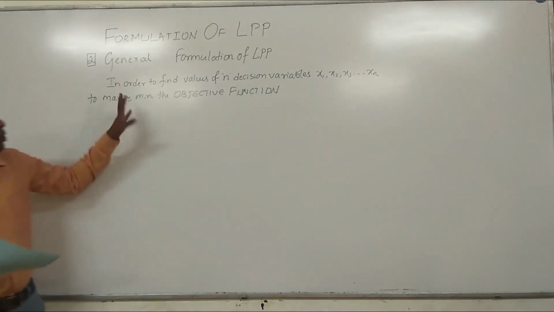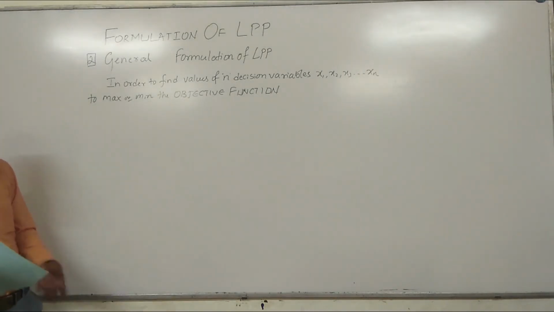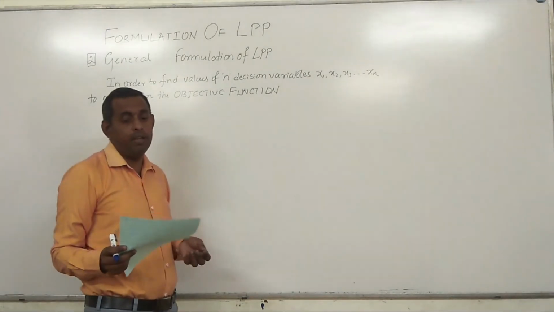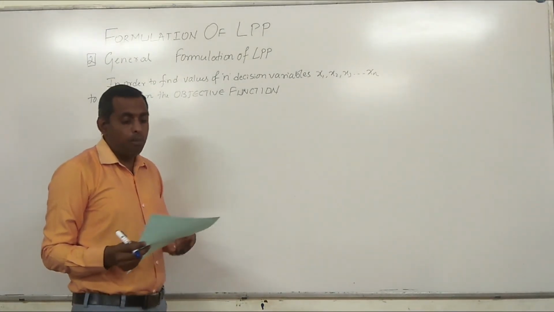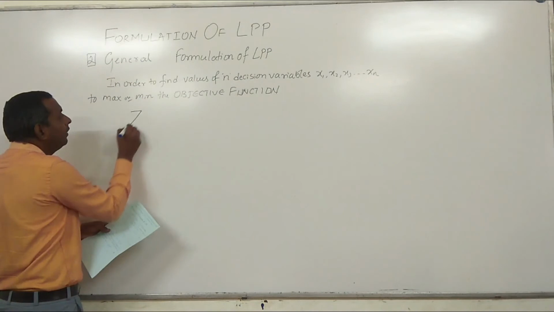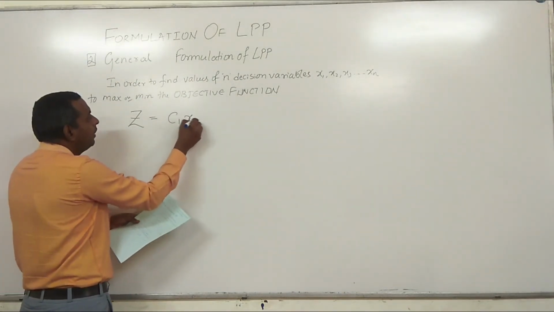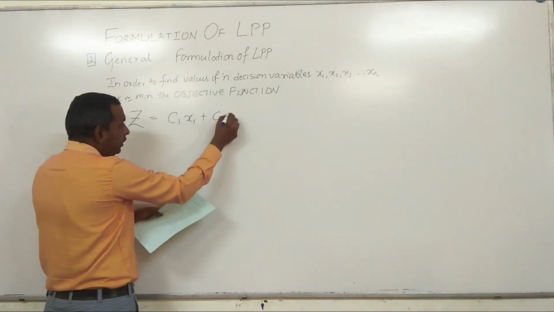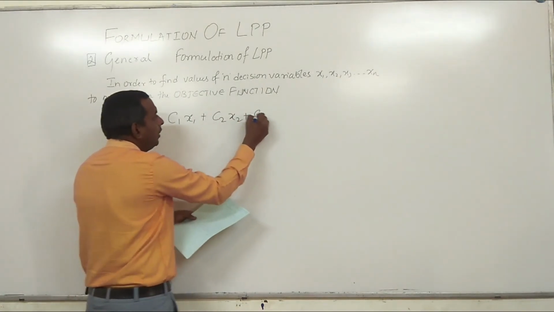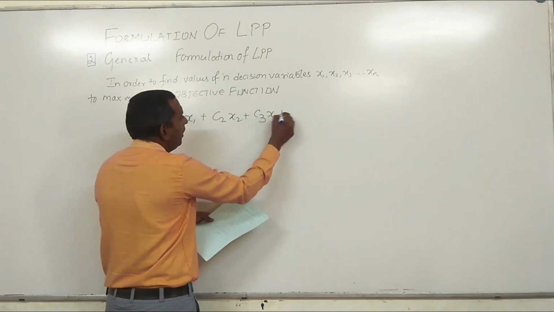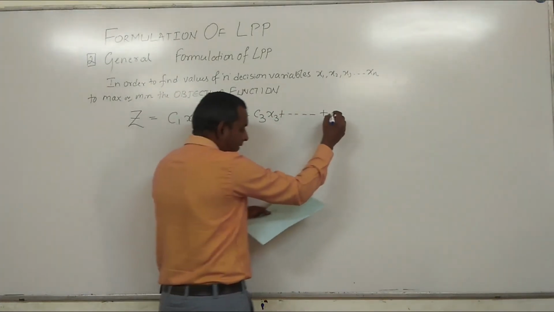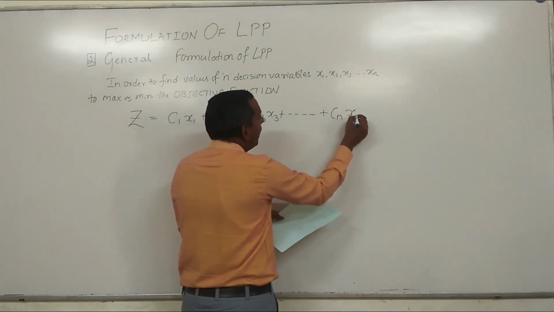So in order to find the values of n decision variables, whether to maximize or minimize the objective function, that is z equals c1 x1 plus c2 x2 plus c3 x3 and so on up to cn xn.